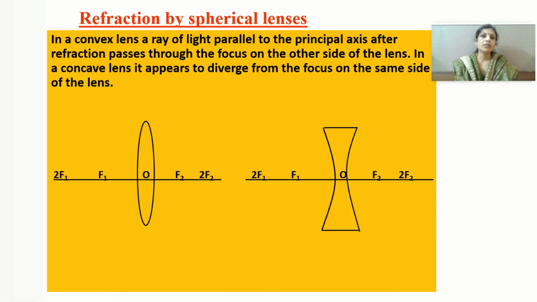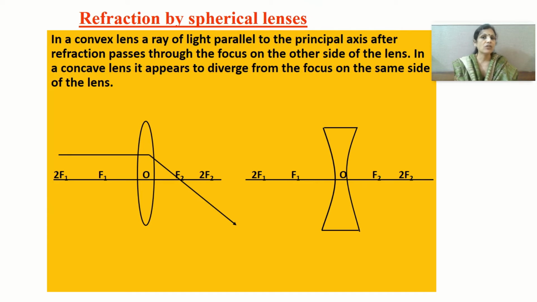Now, like how we studied the rules to be followed to draw the ray diagrams, in case of spherical lenses also we have to follow certain rules. So when the ray of light is parallel to principal axis, after refraction, this ray will always pass through the second focus of the convex lens, that is denoted by F2.